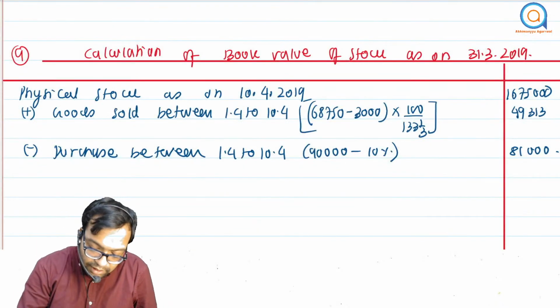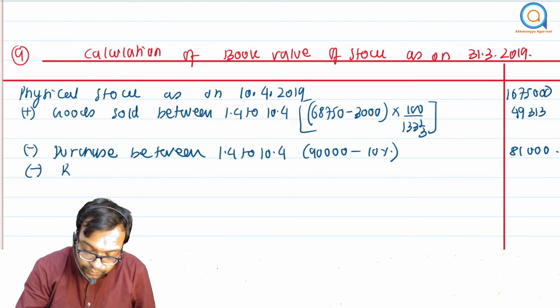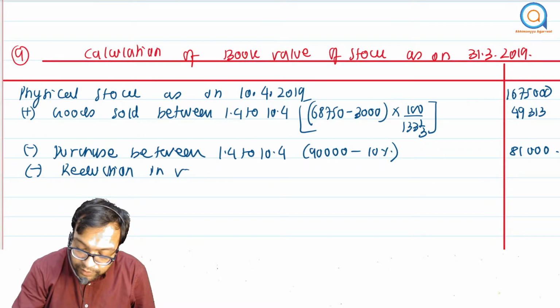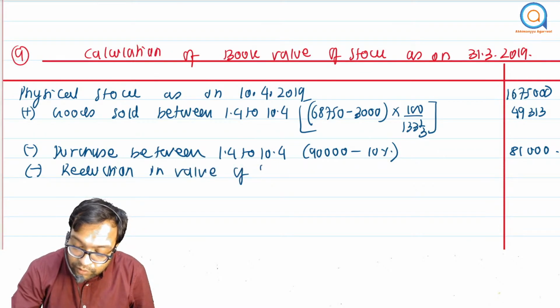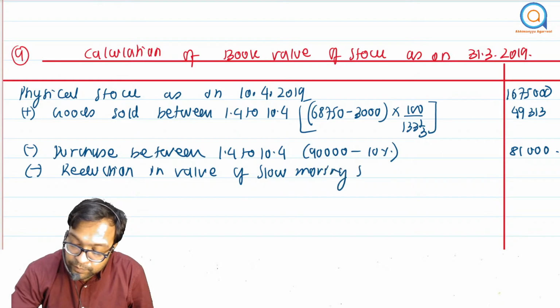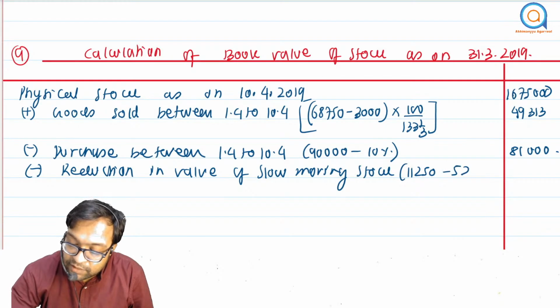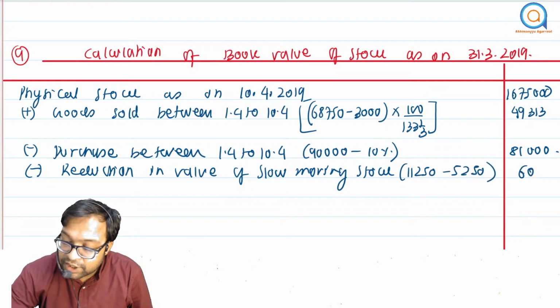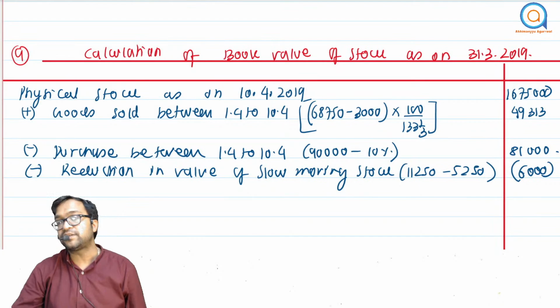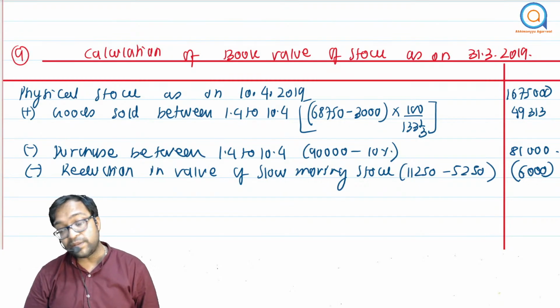So write down: less reduction in value of slow moving stock. 11,250 was the cost. Now it has become 5250. Reduction should be made how much? 6,000. Tell me, are you understanding or not?